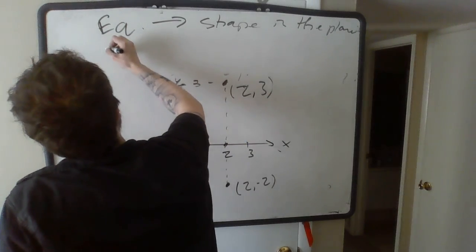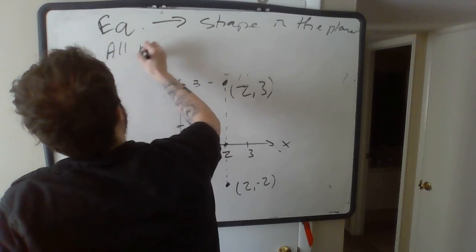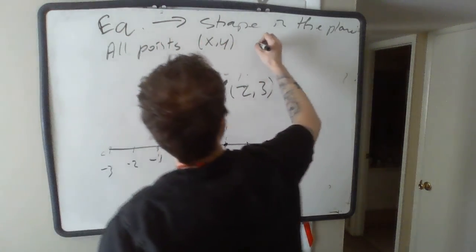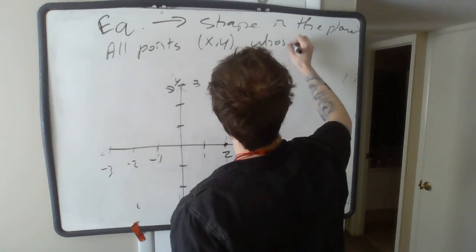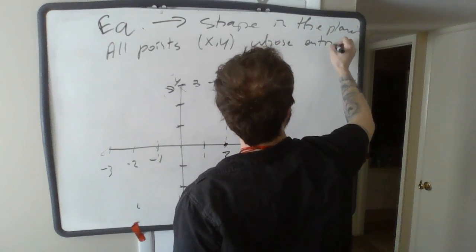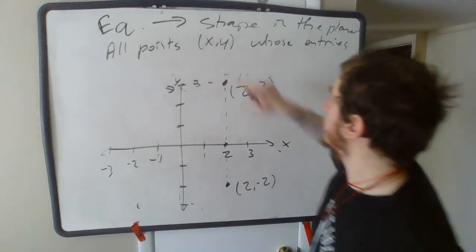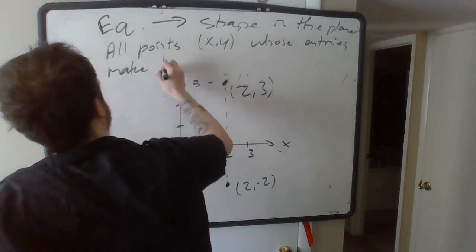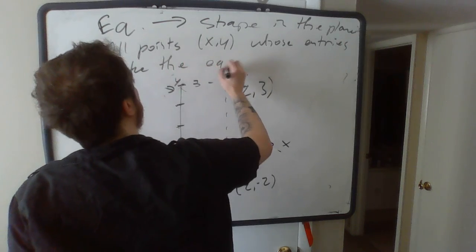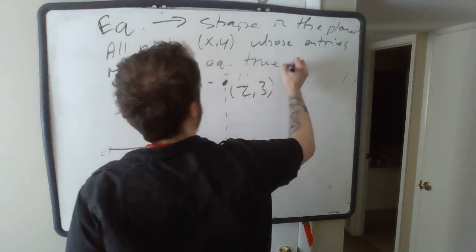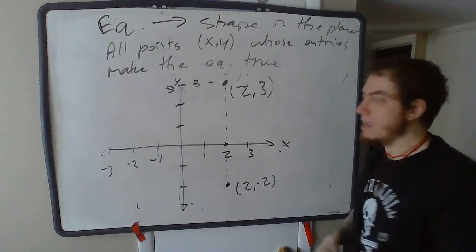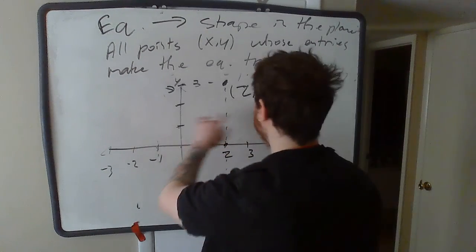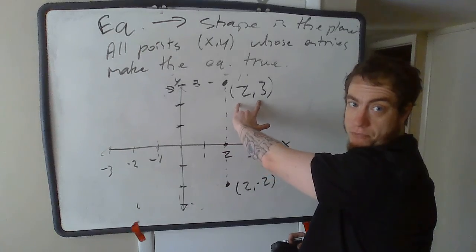We think of all points (x, y) whose entries in this pair, in other words, these two values, make the equation true. In other words, he's saying every point is represented by a pair of numbers.